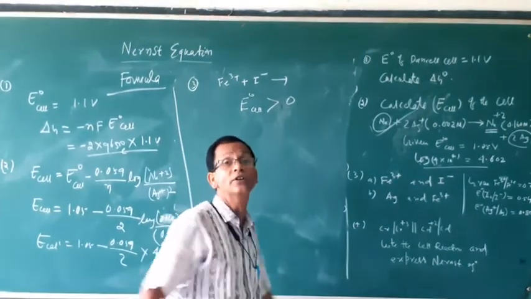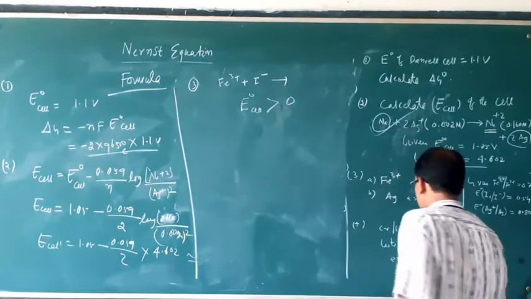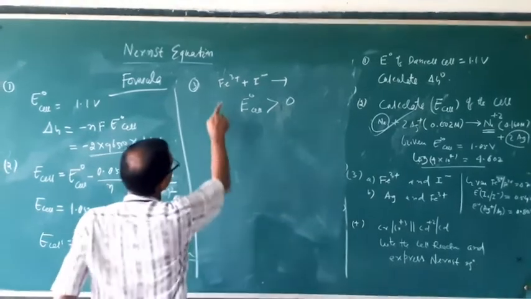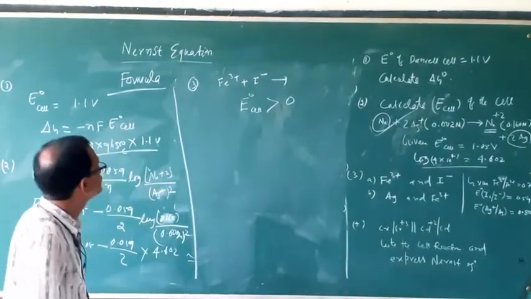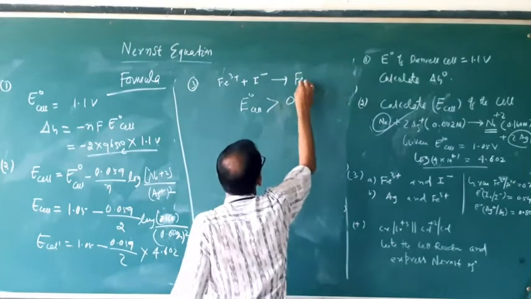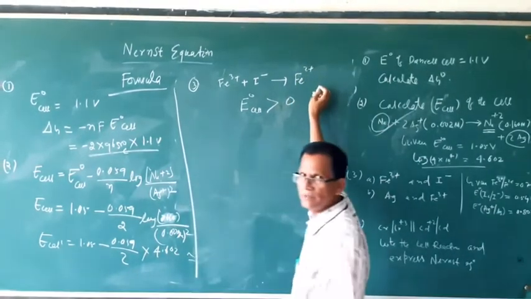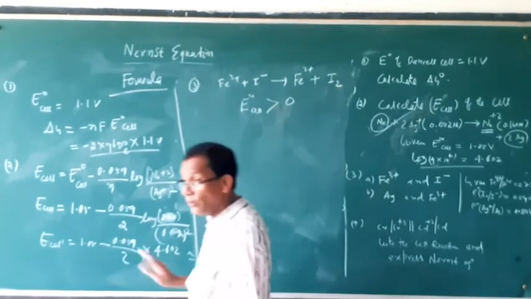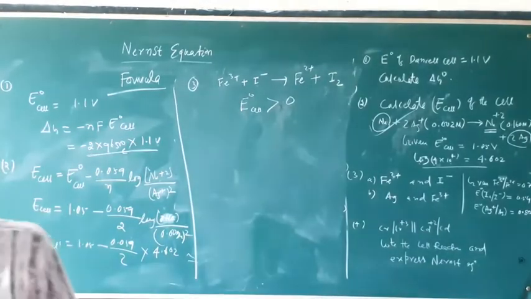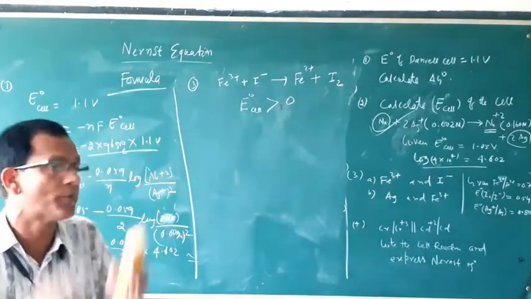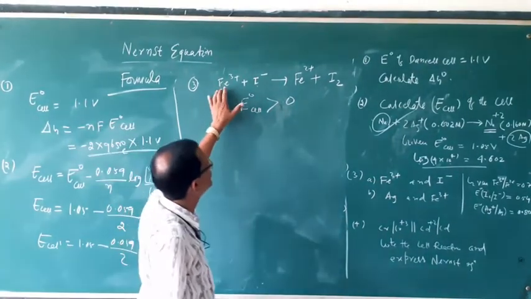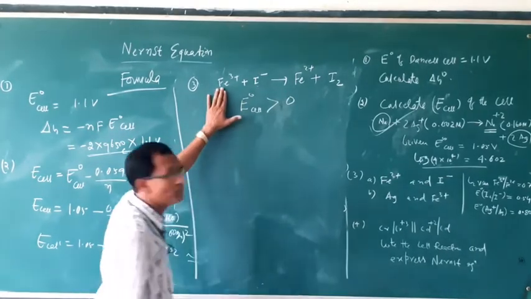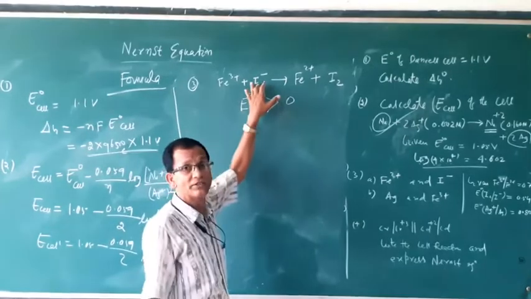Now we calculate the E naught value from the given data. As Fe3 plus and I minus, here Fe3 plus will be reduced to Fe2 plus, and I minus changes to I2. The products will not be given in the question; in chemistry sometimes the product is not given and you have to imagine the product. Here Fe3 plus is reduced and I minus is oxidized.